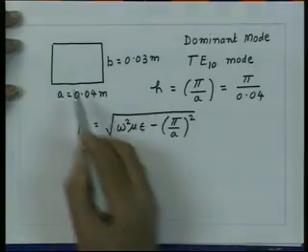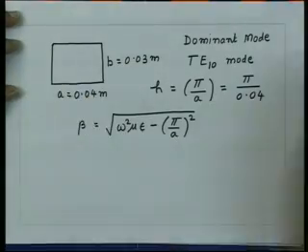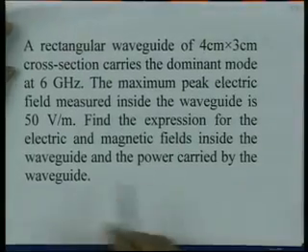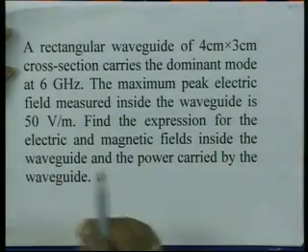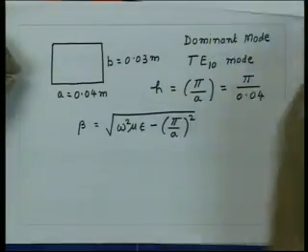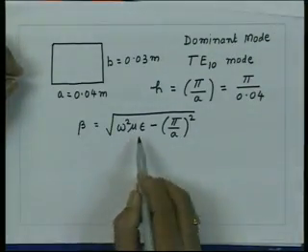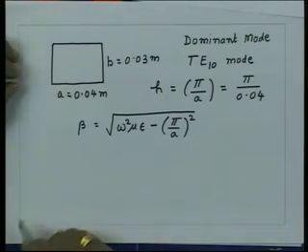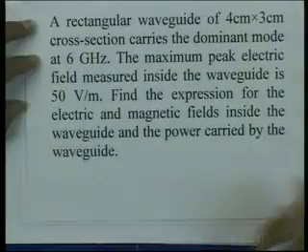The waveguide is filled with air. Nothing has been given about what material is filling the waveguide, so we assume that the waveguide is filled with air. So, the relative permeability and relative permittivity for the medium filling the waveguide are unity, and the frequency is 6 gigahertz.